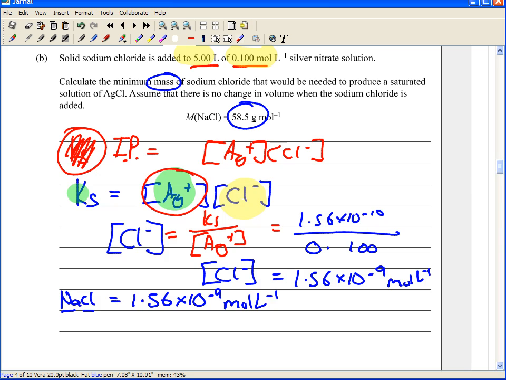Now I could use a triangle if I wanted to. Here's a triangle. Grams, that's a mass per mole, and the big capital M there. I could work out the mass by getting the molar mass times the amount, the moles. 1.56 times 10 to the negative 9 moles.